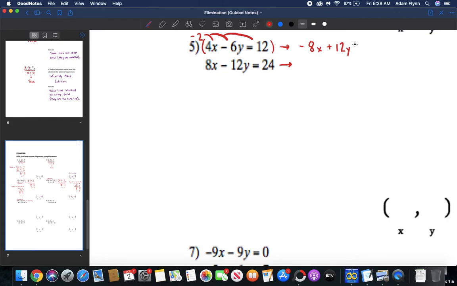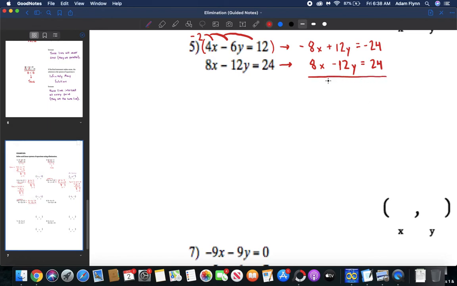And negative 2 times 12 is going to be a negative 24. And then I will rewrite my bottom equation. So I've got 8x minus 12y equals positive 24.